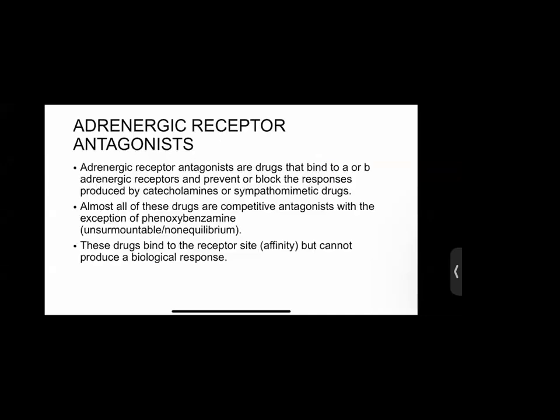So they are like the opposite, the antagonists of the sympathomimetics. Almost all of these drugs are competitive antagonists, with the exception of phenoxybenzamine. These drugs bind to receptor sites but cannot produce a biological response.